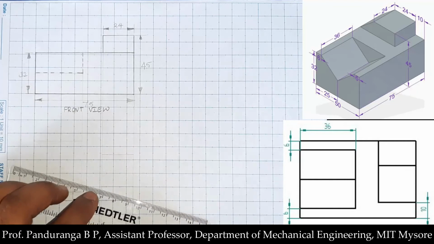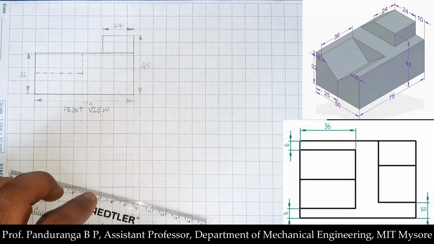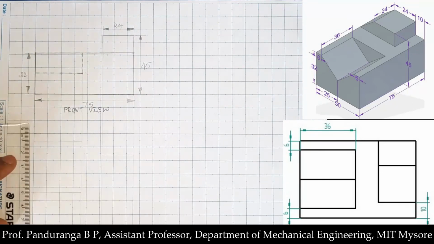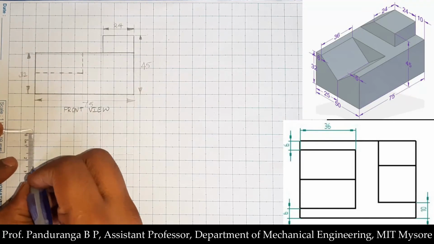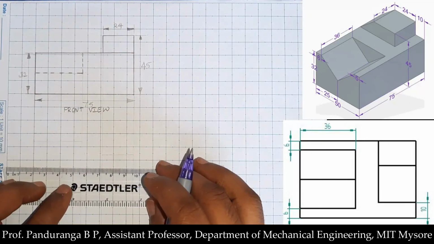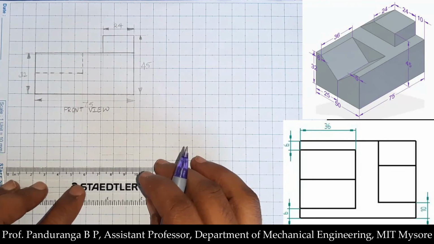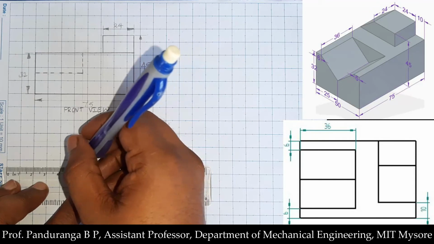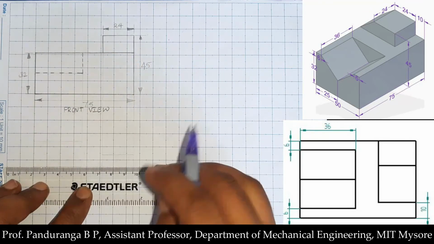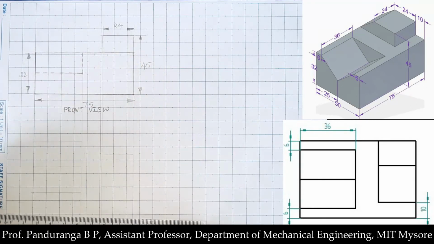Now I need to show the apex of the V channel. So for that I need to locate the center of this. It is here, 25 mm from either side. Again, by counting the grid boxes we can directly write that. Now I am done with the basic construction of the top view.